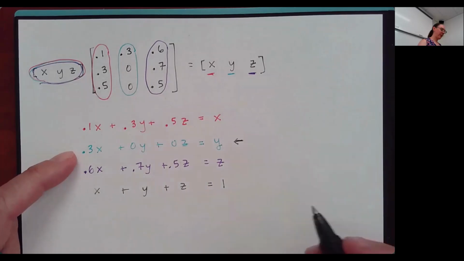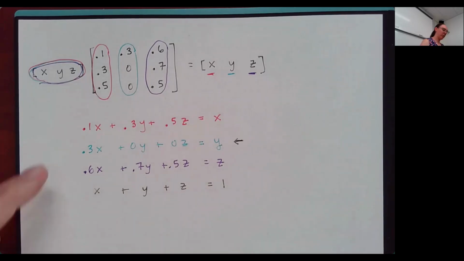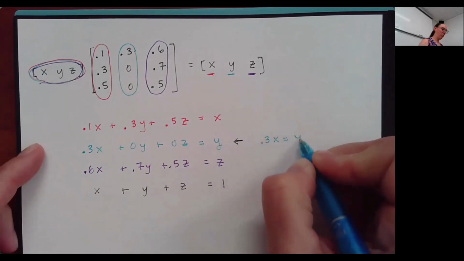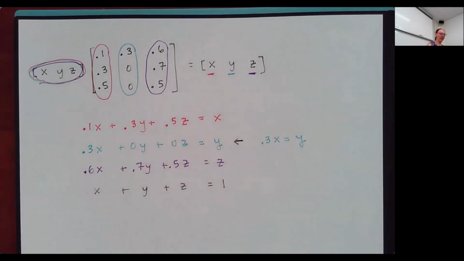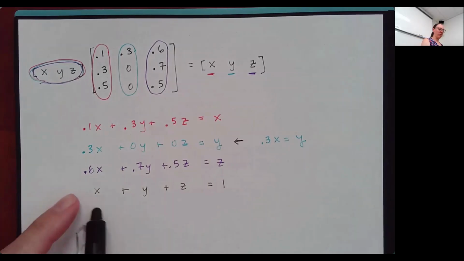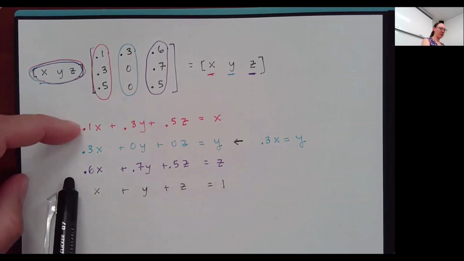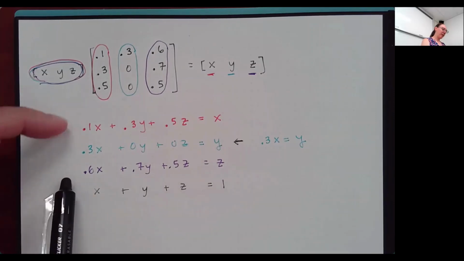If 0.3x is equal to y, I'm just going to hold on to that, and almost ignore the x plus y plus z equals 1 for the moment, and focus on the other two equations.